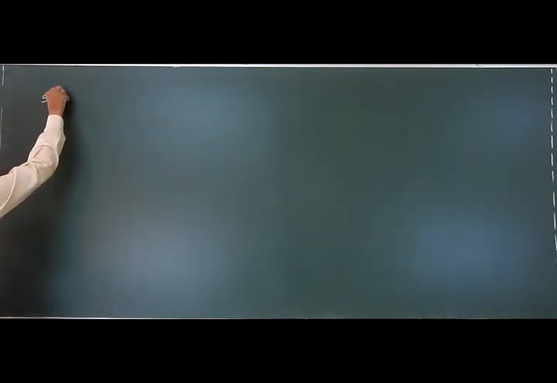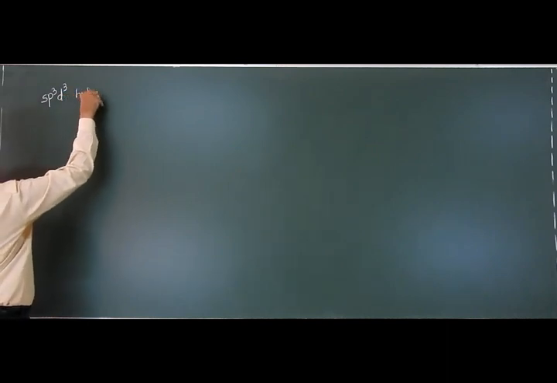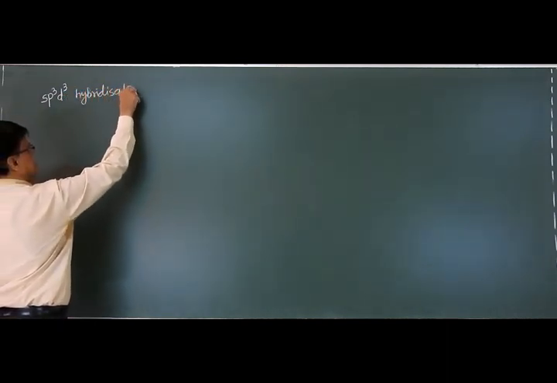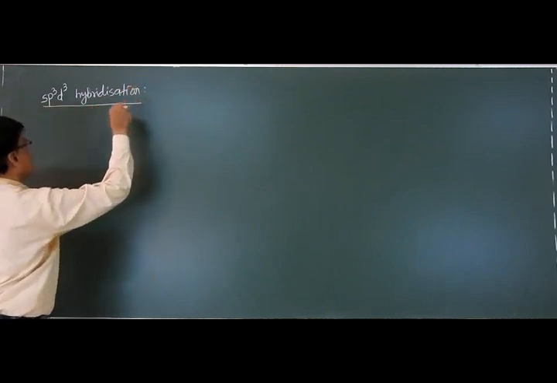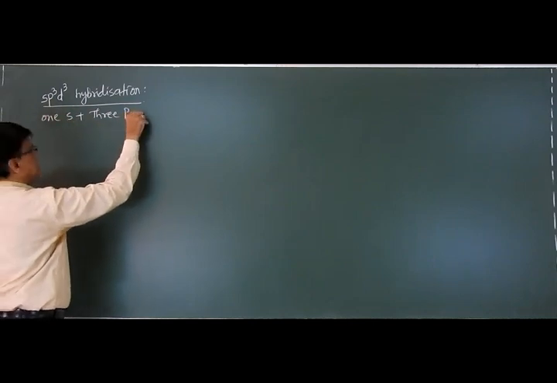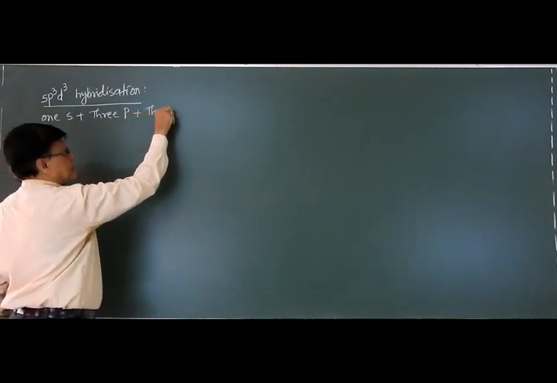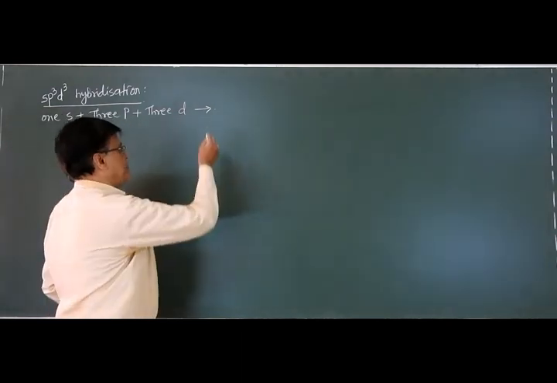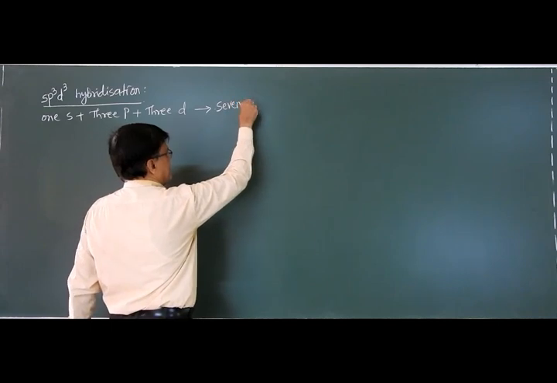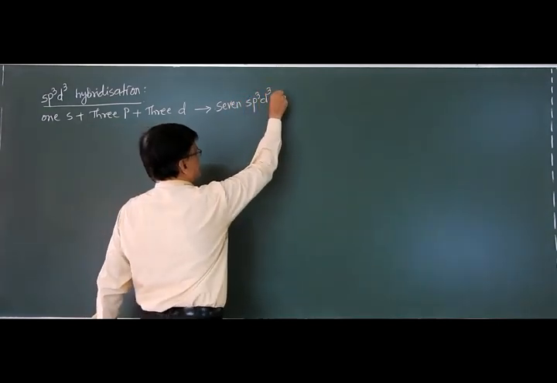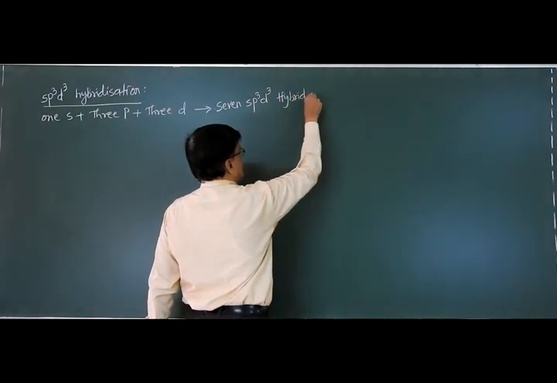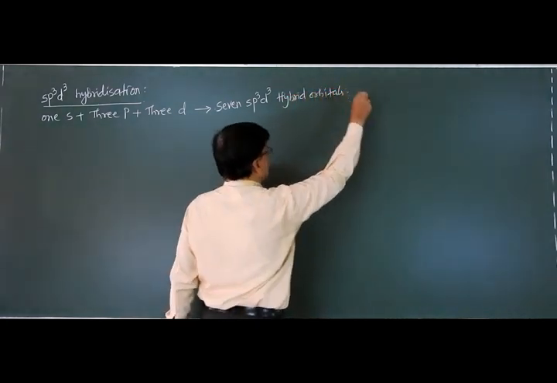sp3d3 hybridization. Now see here, one s orbital, 3 p orbitals, and 3 d orbitals. 3 plus 3 is 6, 6 plus 1 is 7. 7 new hybrid orbitals are formed. 7 sp3d3 hybrid orbitals are formed.